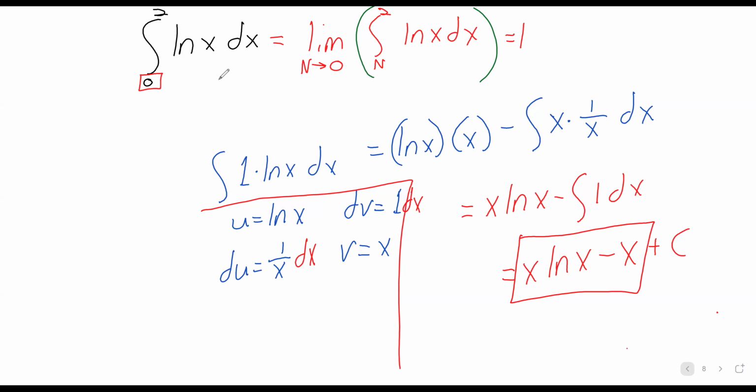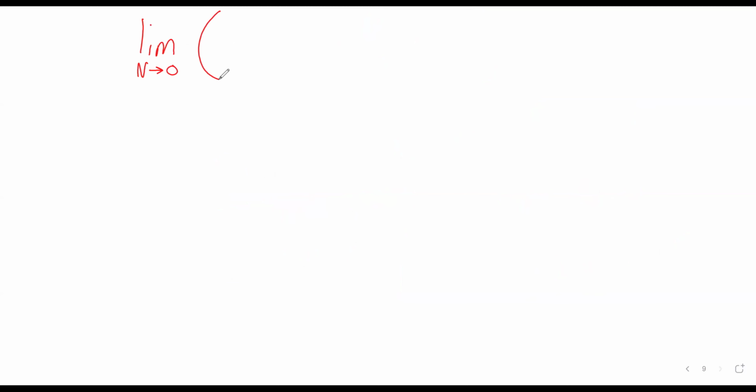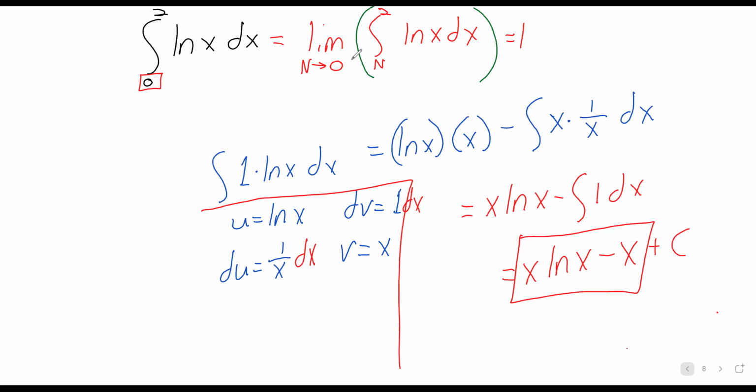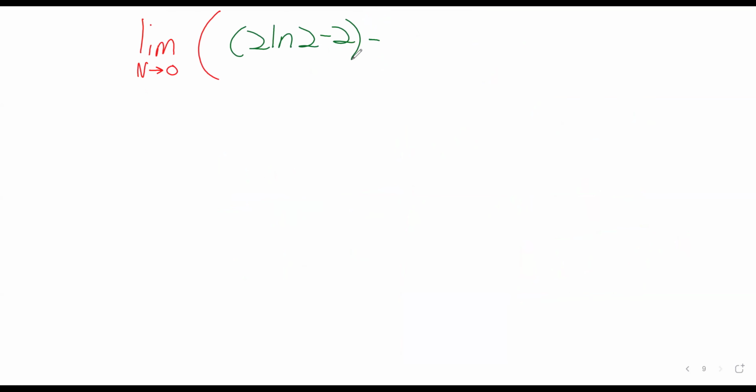We plug in the limits of integration: 2 times the natural log of 2 minus 2, minus n times the natural log of n, minus n. And we're asking what happens as n goes to 0.